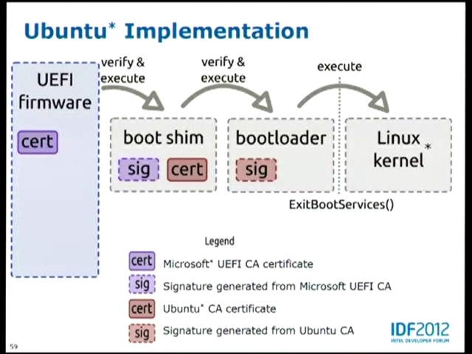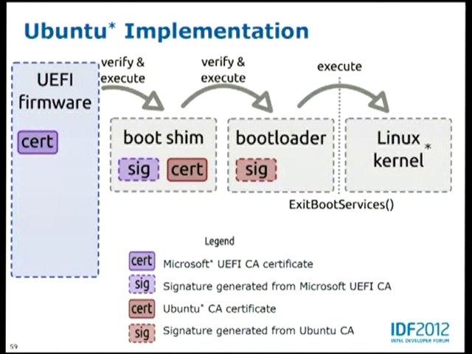So they're breaking the chain of trust between execute surfaces before UEFI exits, basically, where they're not going to check the Linux kernel to see if it's signed correctly. Their grub2 will simply execute anything that's been installed on the hard drive. The only thing we're checking between the firmware and the boot shim loader is that the boot shim is signed correctly, and that it comes from Ubuntu or their 12.10 distribution that's been signed by Microsoft, or the UEFI CA.